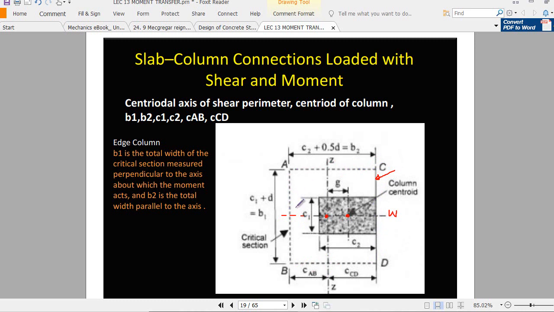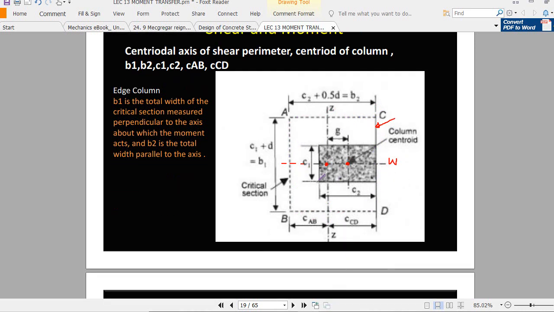Clear? Let's say this is the front side, this is the back side, and these are the sides, right? BD is a side, AC is a side.